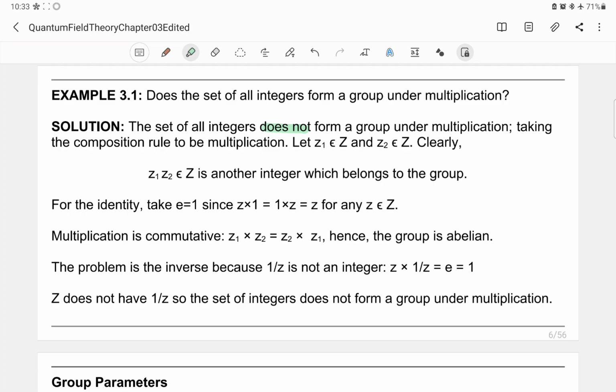But the problem here is that you have no inverse for each element, since the inverse is 1 over z, which is a fraction and not an integer. So this one therefore is not a group under multiplication, but under addition it is a group.